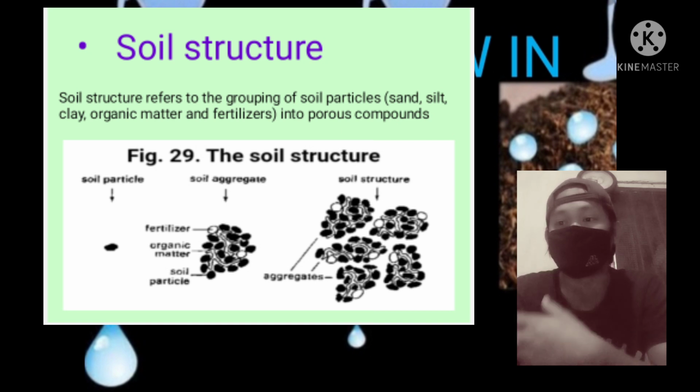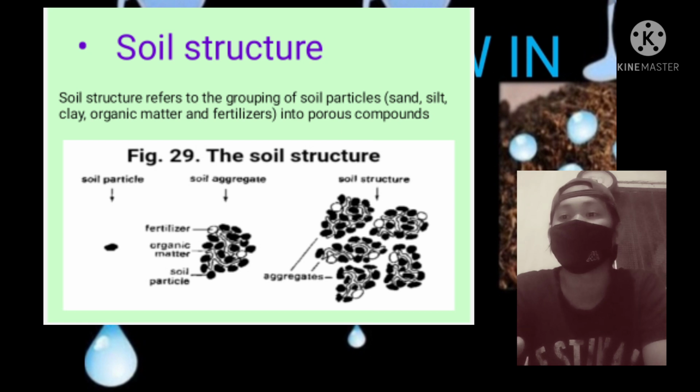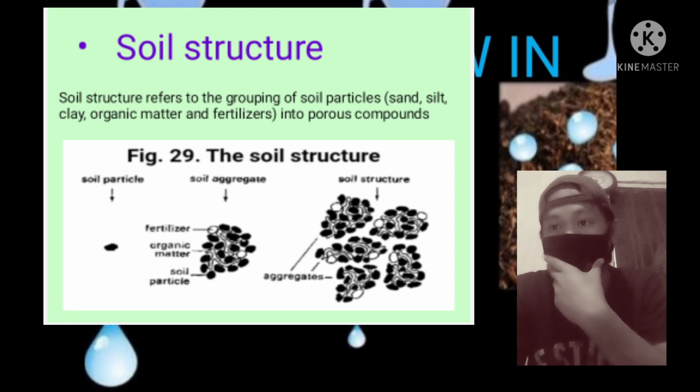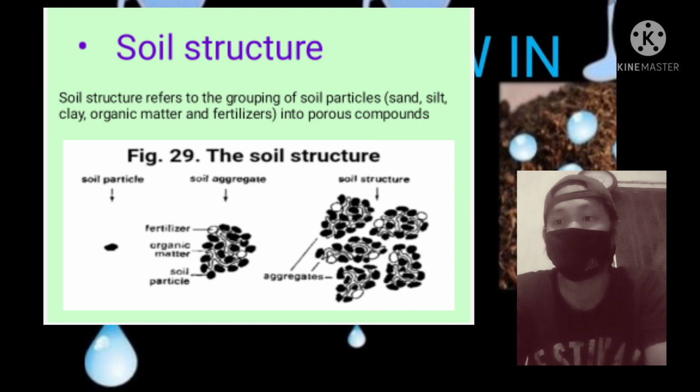Look at figure 29, the soil structure. The basic types of aggregate arrangement: the angular, the prismatic, and the massive structures. Tatlo ito. When present in the topsoil, massive structure blocks the entrance of water, and seed germination is affected due to poor aeration.